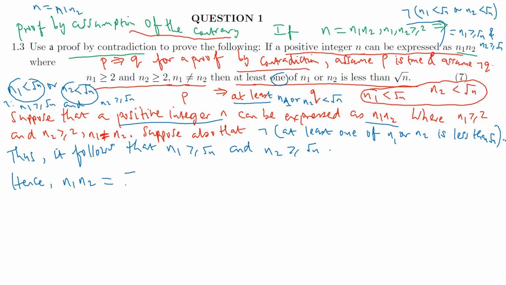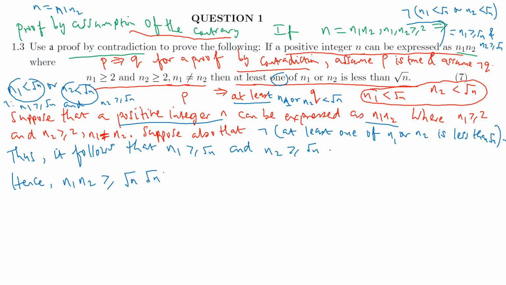If you multiply them, you have the greater or equal to. Surely if you multiply them and they are greater or equal to, it follows that even this inequality will hold.